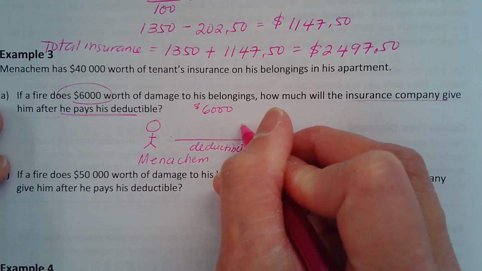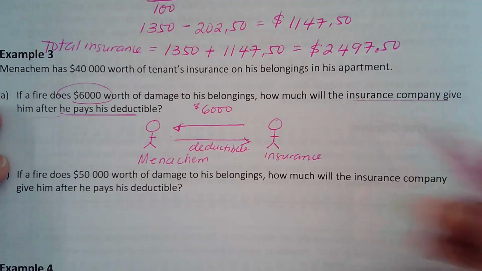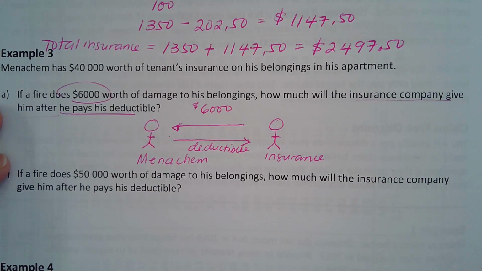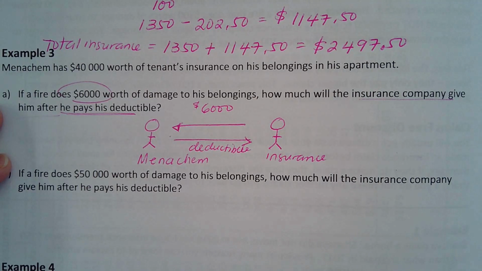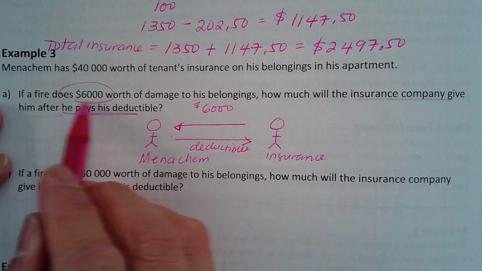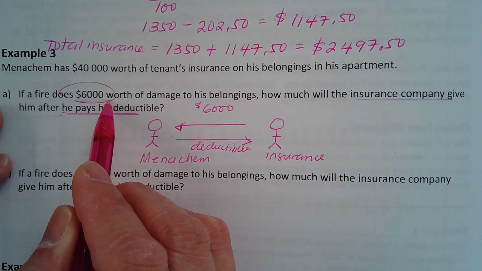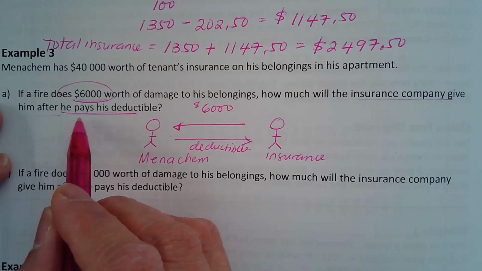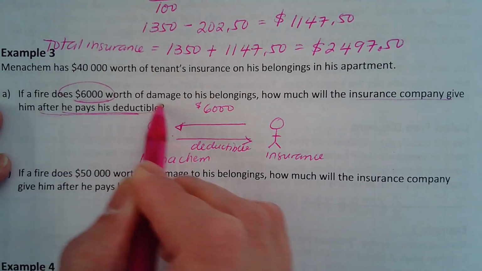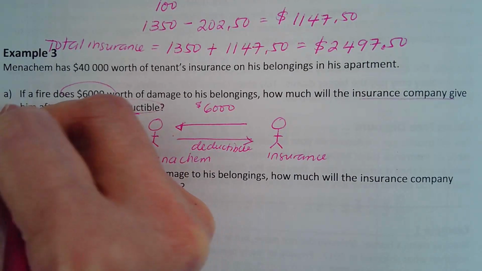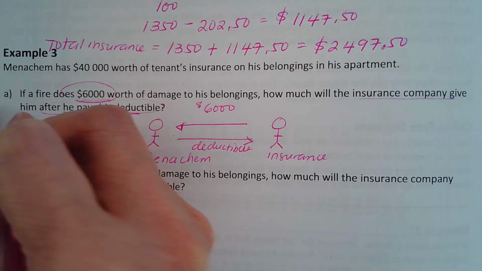And then the insurance company gives him the full amount, so gives him the $6,000. So if the fire caused $6,000 worth of damage, how much will the insurance company give him after he pays his deductible? It's going to be $6,000.